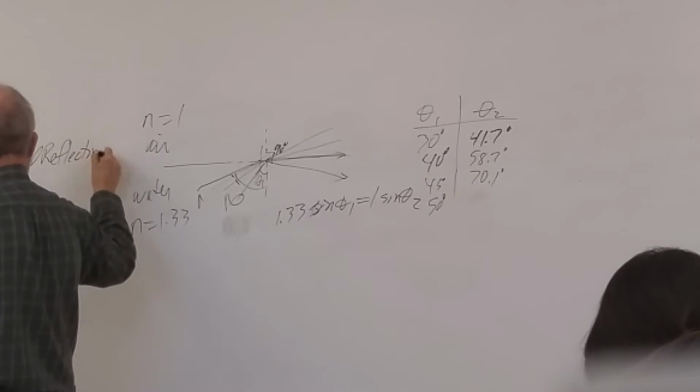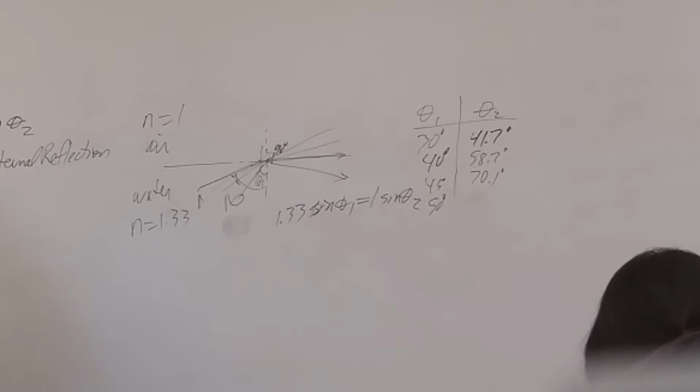Now, that's when the angle on your first side is bigger than a certain amount, which is called the critical angle. And the sine of the critical angle is going to be N2 over N1.